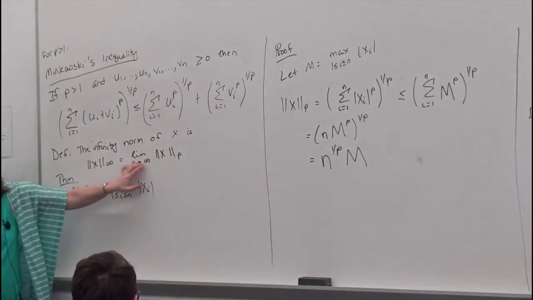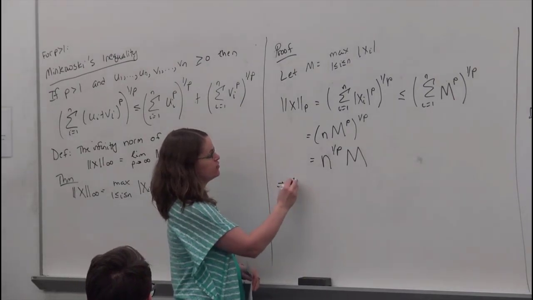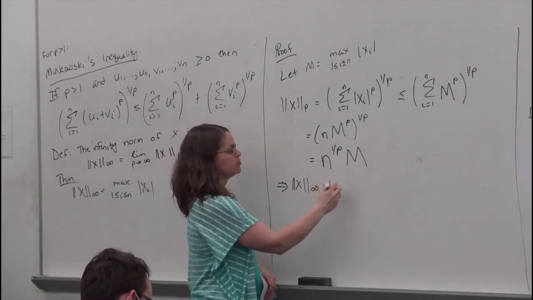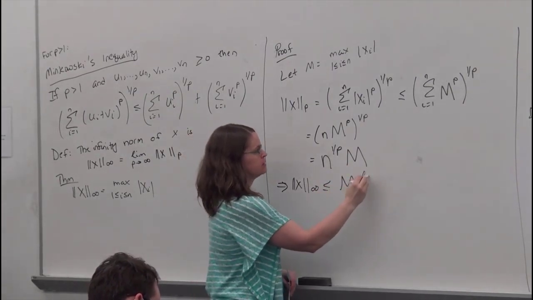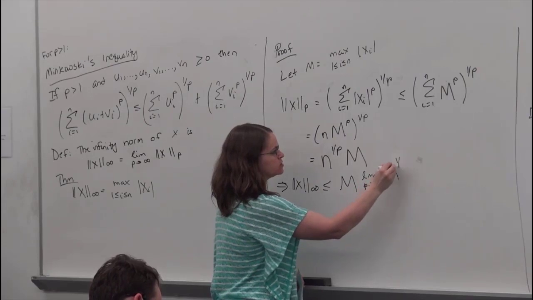We need to take a limit. So this is going to tell us that the infinity norm is less than or equal to, well, M is just a constant, the limit as p goes to infinity of n to the 1 over p.